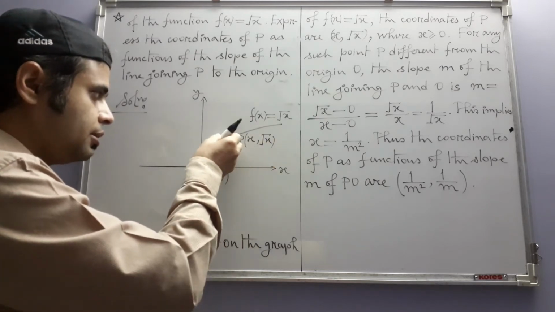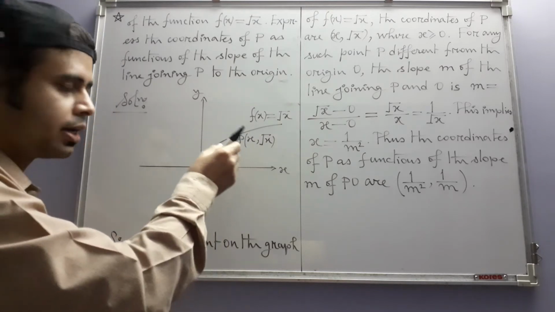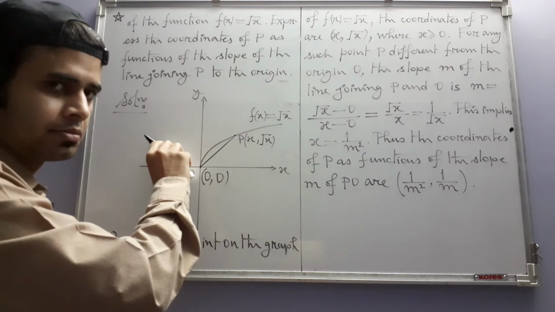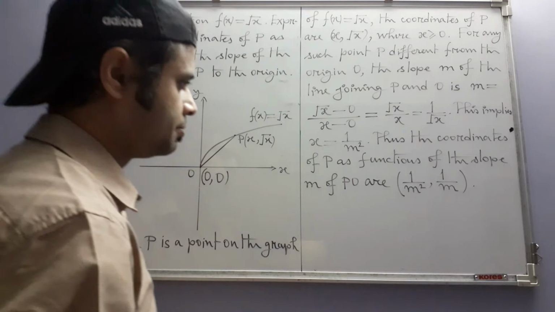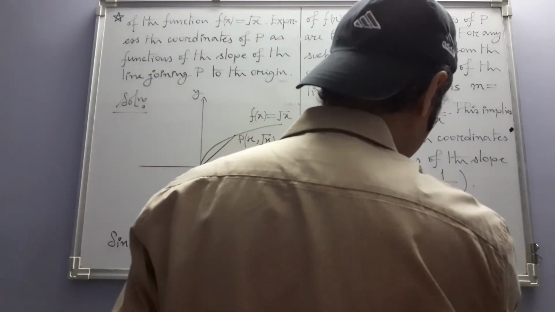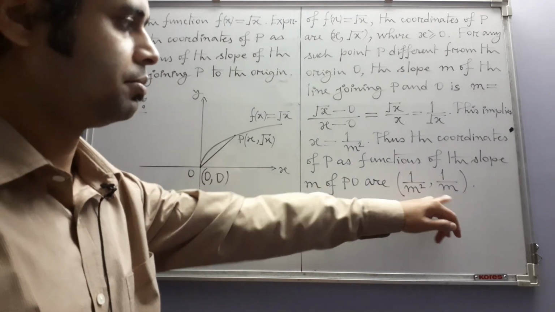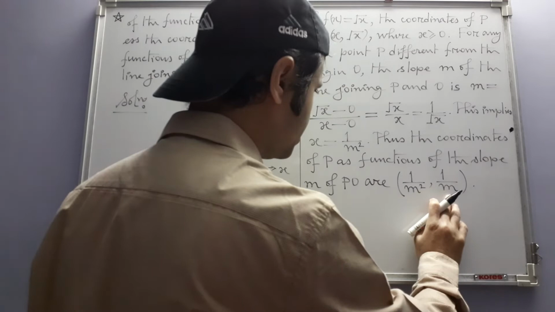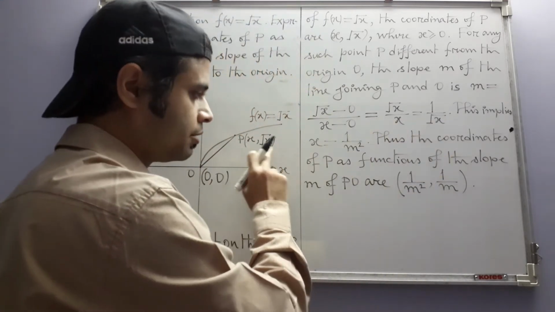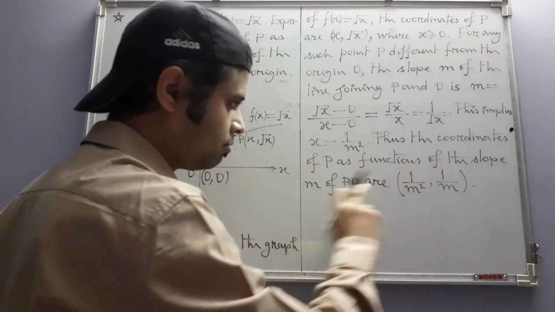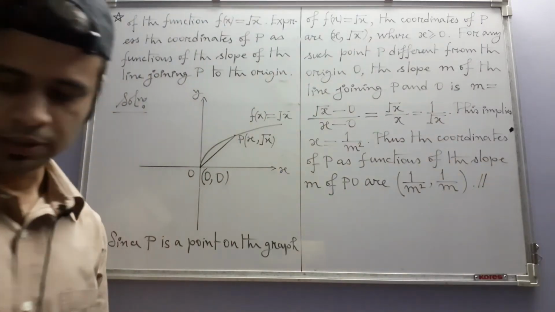Elsewhere the slope will change, but it will stay positive. For negative slope, the line should be like this. And for a vertical line, of course, slope is not defined. So this is the x coordinate in terms of slope, and this is the y coordinate in terms of slope. Because of positivity of m, when we take square root of x to calculate the y coordinate, we get 1 over m. So this is the solution.